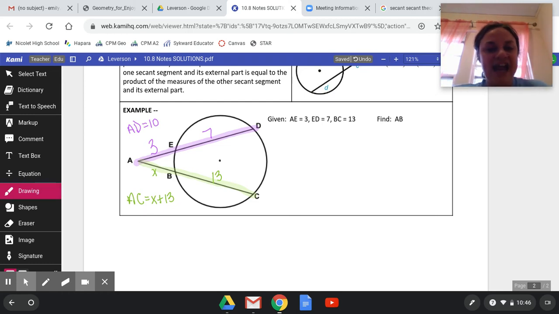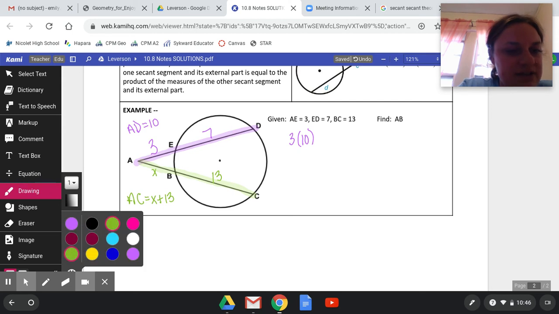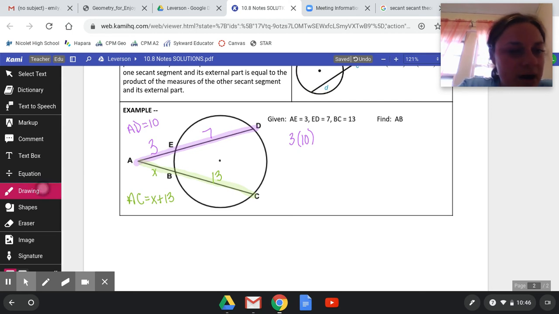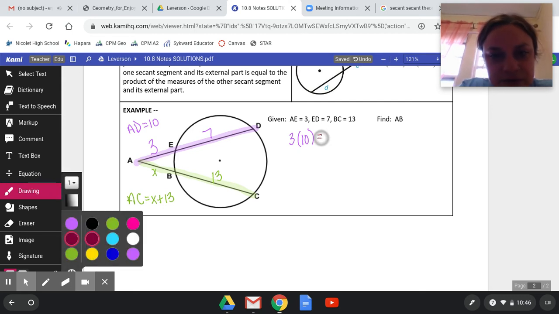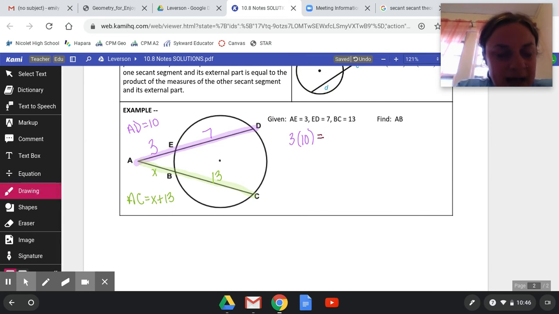So for AD, for that secant, the external portion of the secant is 3, and the total length of the secant is 10. So 3 times 10. Now I've got to do the same thing for my other secant. So this is equal to the external portion of my other secant, which is X, times the full length of my other secant, which is X plus 13.